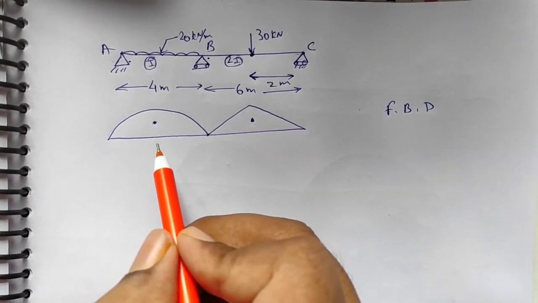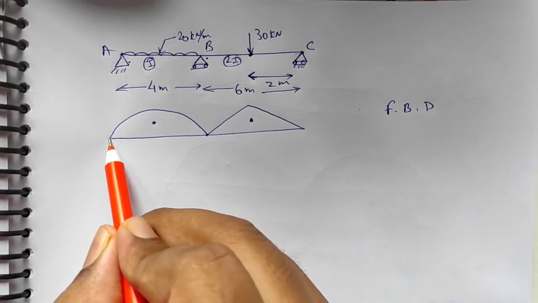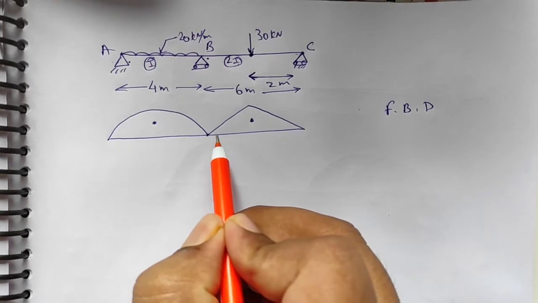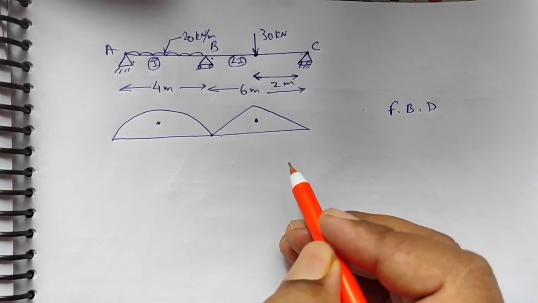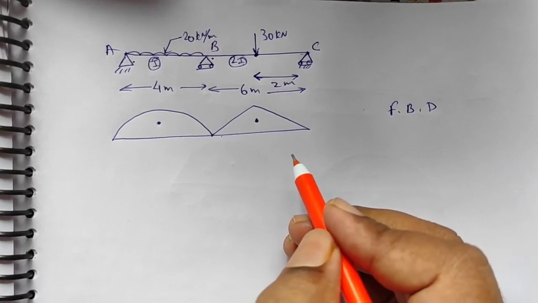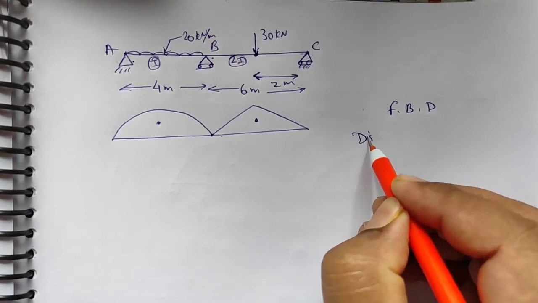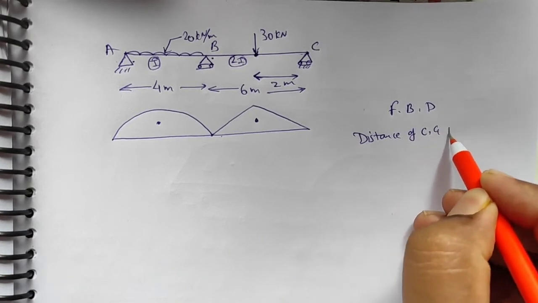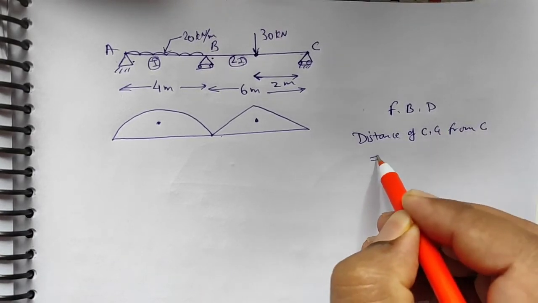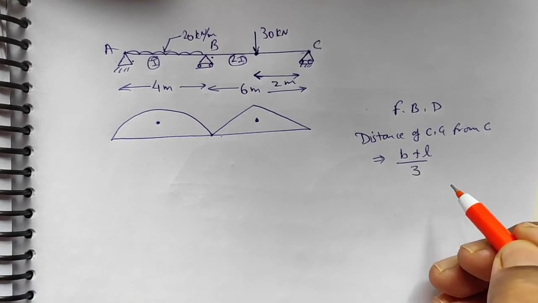After completion of the first step, we will find the area of the parabola and the triangle. First of all, let us find the distance of this triangle's CG from end C. We'll use the formula for the distance of CG from end C as b plus L by 3.